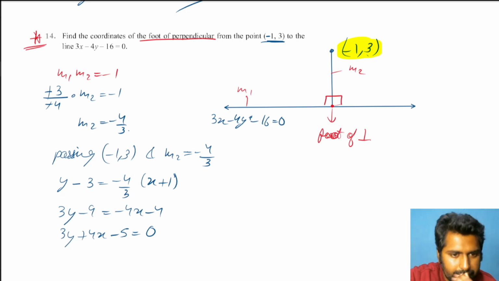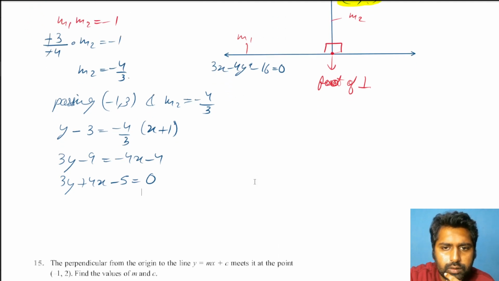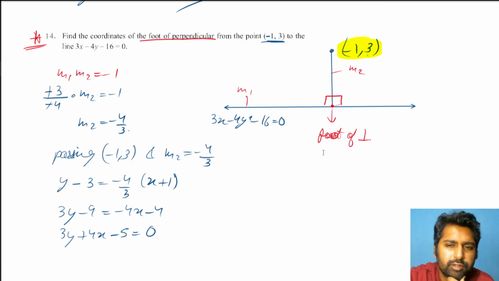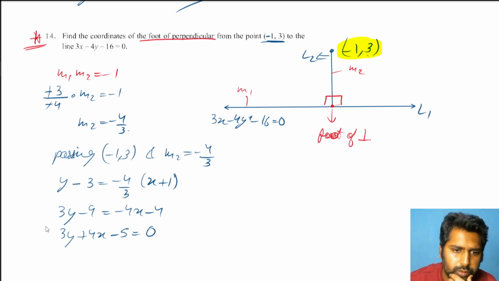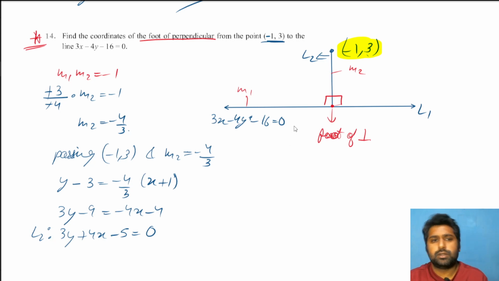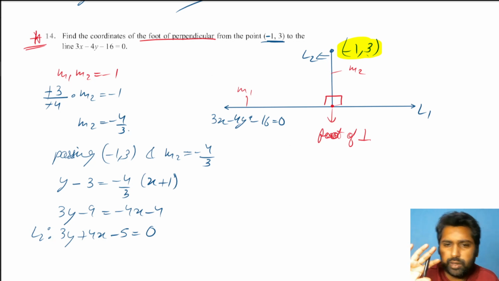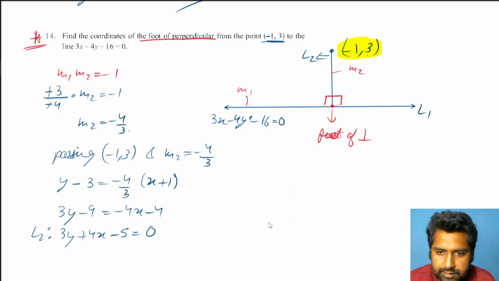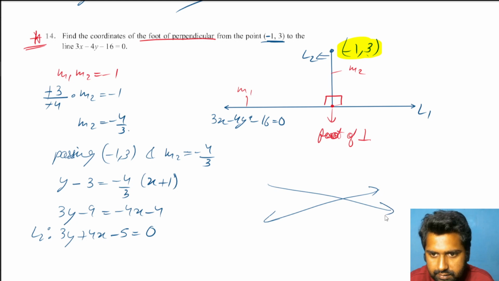Now think how we will get this foot of perpendicular effectively, not the equation of this line. L1 was already known to us, and I've calculated L2. Now how do we get this foot of perpendicular? For this you need to recall a very old concept of grade 10th: suppose you have two equations of a line.